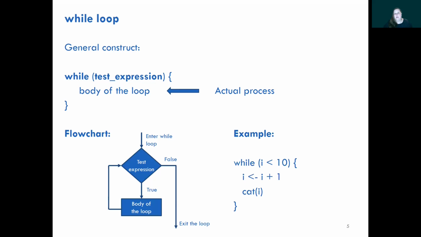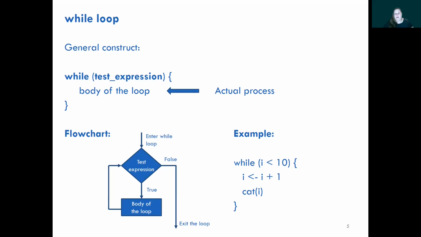For example, you can write a loop like this. This loop here is taking the running index i, and as long as the running index i is smaller than 10, it's going to run this inner part of the loop. For example, you can define i as 1 before you enter this loop.